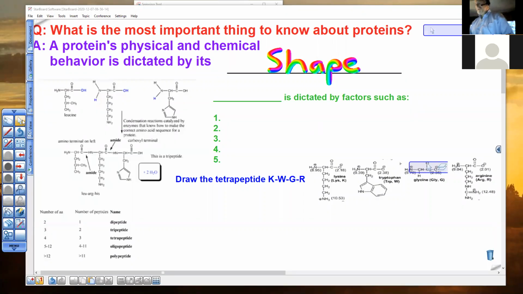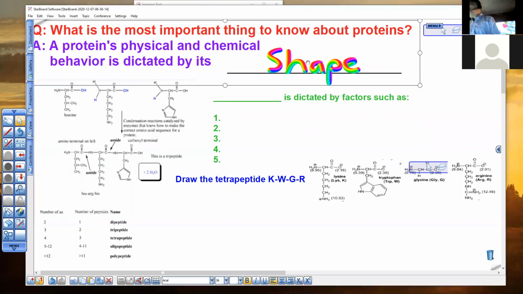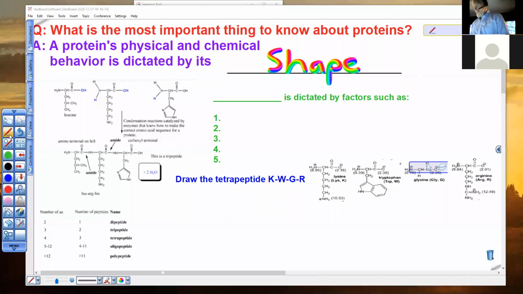Now, shape. What is shape dictated by? Shape is dictated by the primary sequence of amino acids. AA, amino acids, which are used to make proteins. Amino acids, short form.